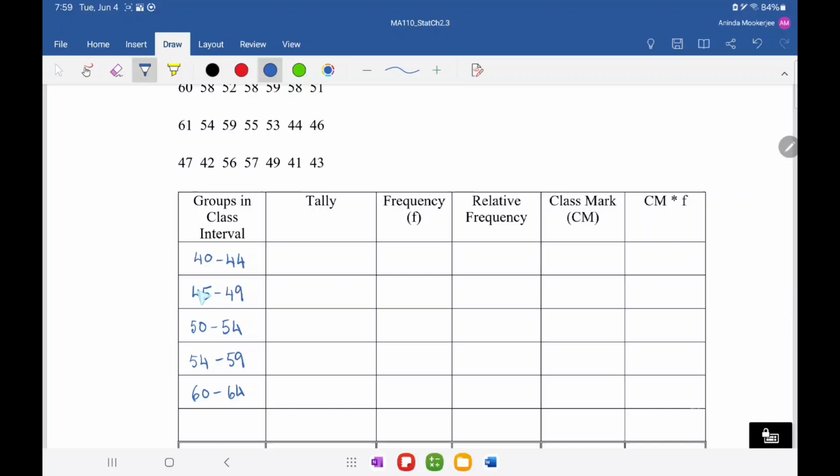How do we do that? We take the lower class limit of one of the intervals and subtract the lower class limit of the previous interval. So 45 minus 40 is 5. 50 minus 45 is 5. 54 minus 50, I'm sorry, I made a mistake here.